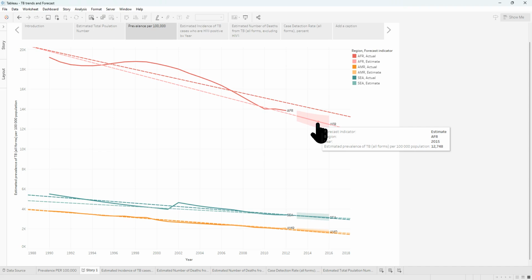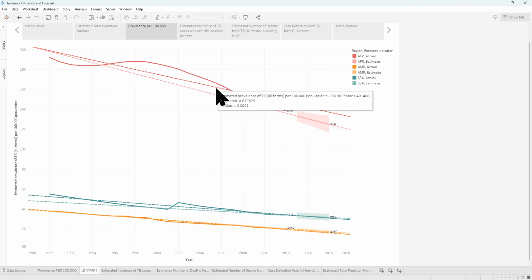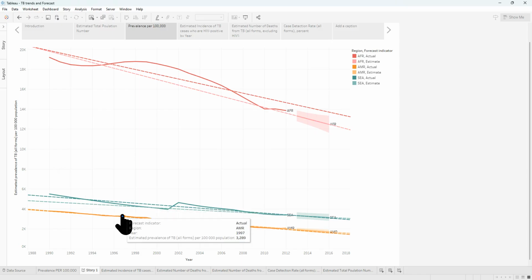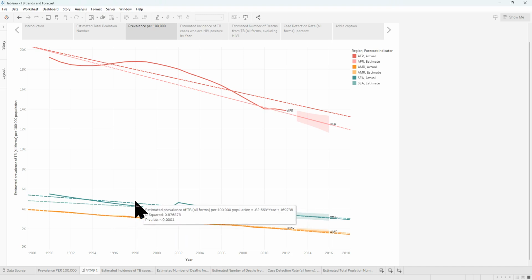So in this case, per 100,000, Africa's rates have been declining. That's a good thing, but they're still significantly higher than the other two. They're coming in somewhere around 18% in terms of caseload, where they're reporting 400,000 cases, and this isn't on here, 400 cases per 100,000, significantly higher than the Americas, which is coming in at 10 cases per 100,000, and also Southeast Asia, which is coming in at 200 cases.